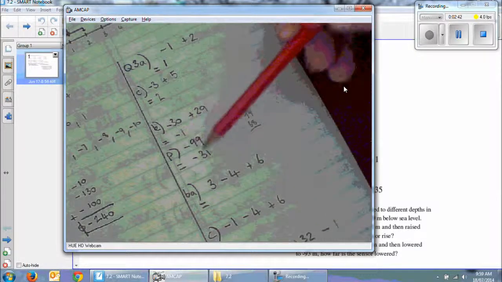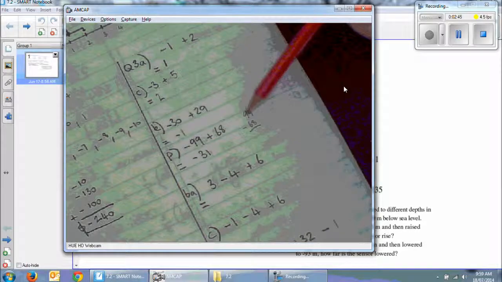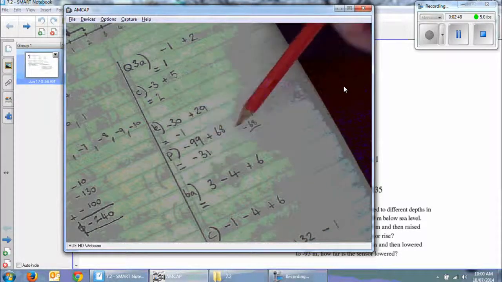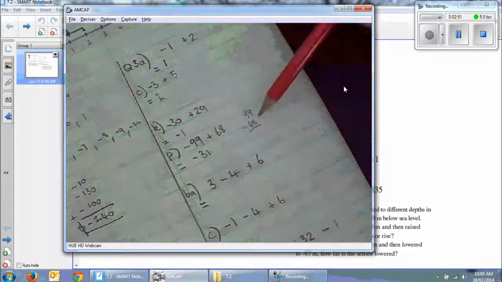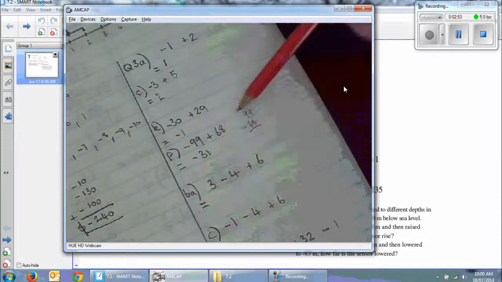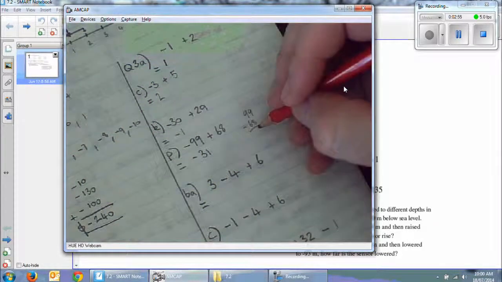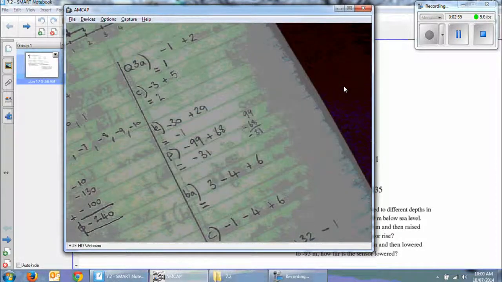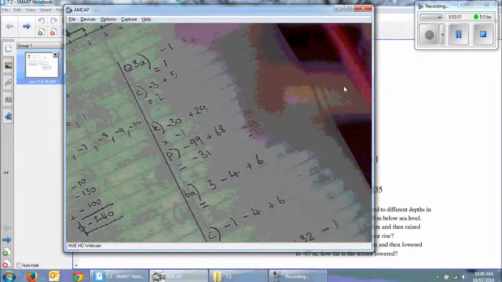I owe someone $99, that's my amount of debt, and I'm paying back $68. The reason why that's not a plus sign is because that figure is going to be taken away from that debt to give us what we owe in the end. We still owe -$31.